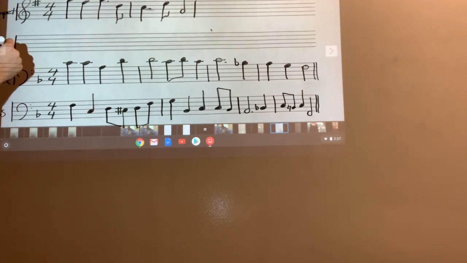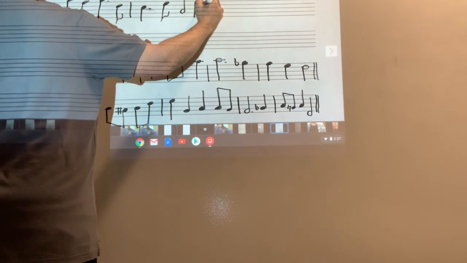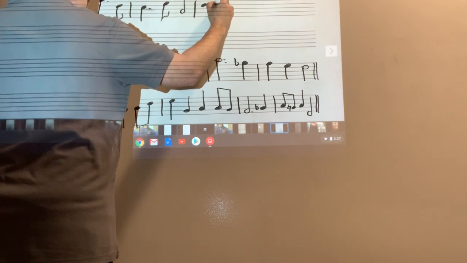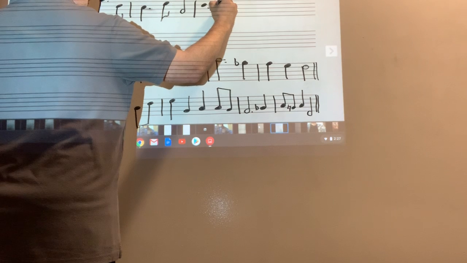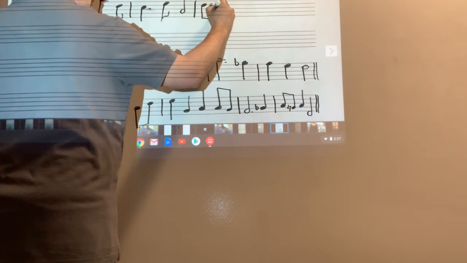Then in the next measure, he's got a lot to play here. So it's a good thing we have a little bit of room here. He's got D, and C sharp, because B natural to C is only a half step. You have to go up a whole step with the trumpet.